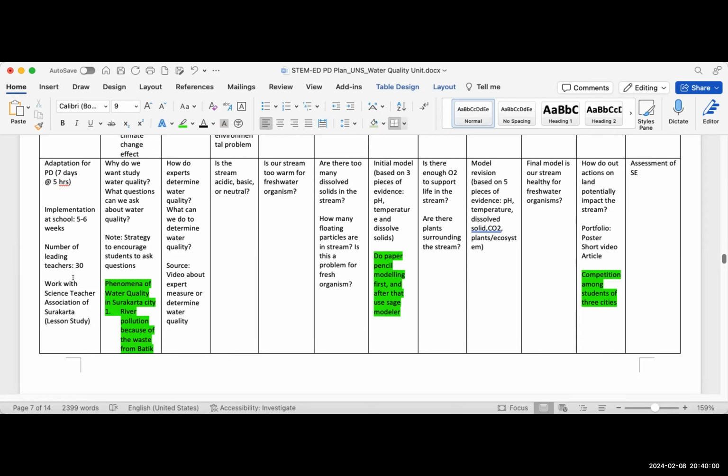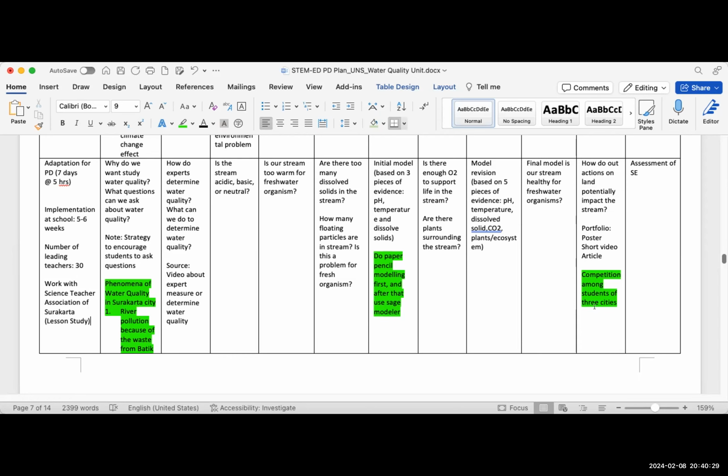For your information, in Indonesia we will apply these water quality units, or STEM ED units, in 3 cities: Surakarta, my city, Yogyakarta, and Palembang on Sumatra Island. Anne suggests we have a forum for students, after they learn about water quality, to share their ideas.